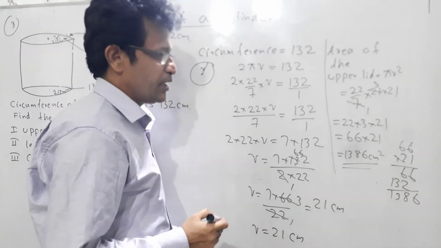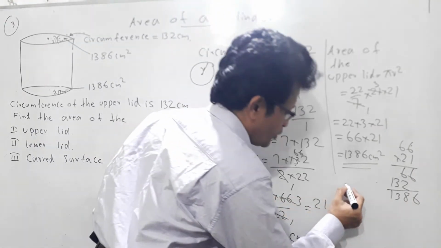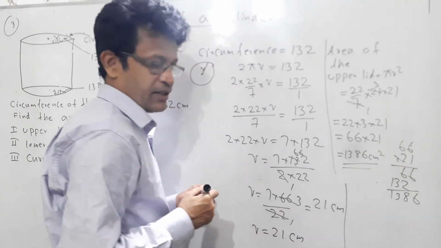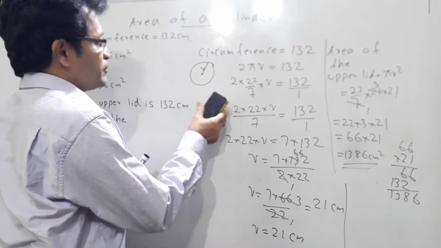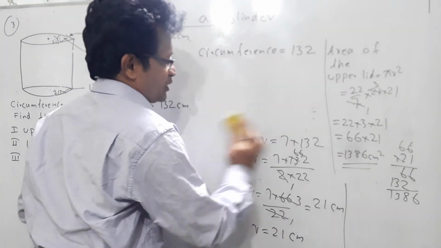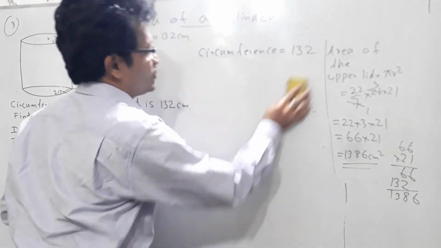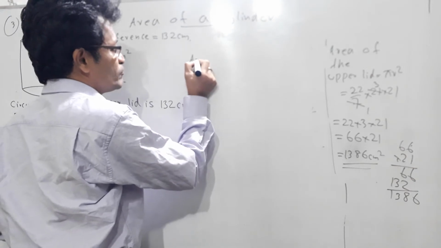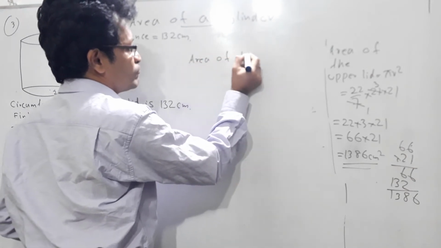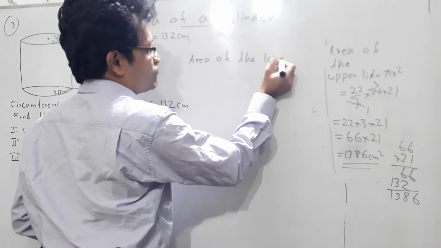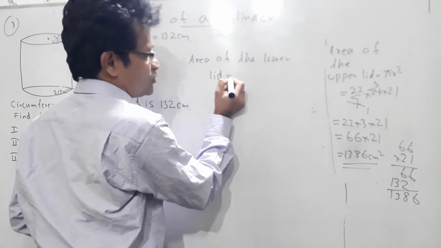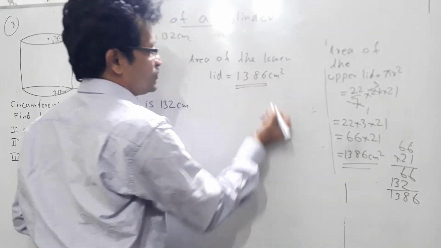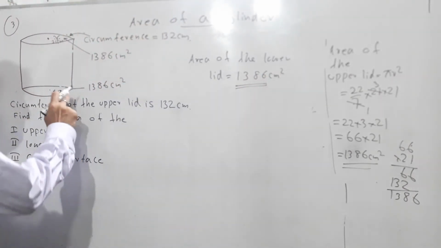So we can write area of the lower lid also 1386 centimeter square. Okay, because the same.